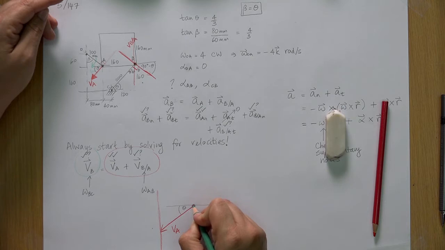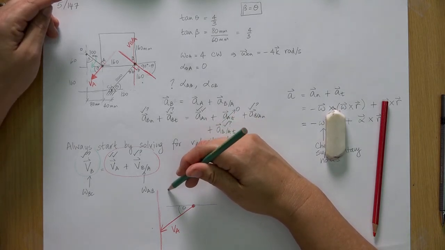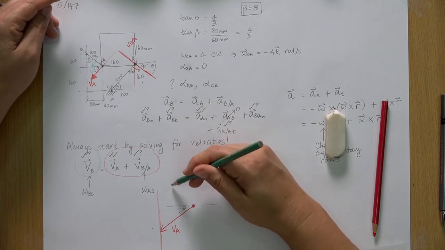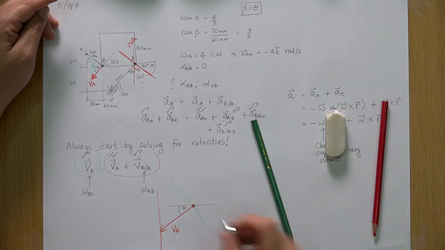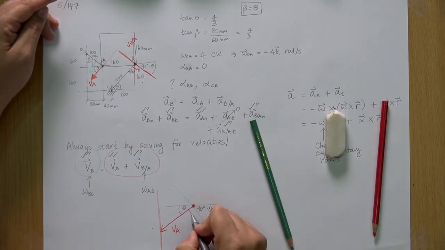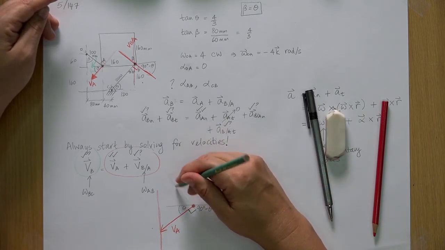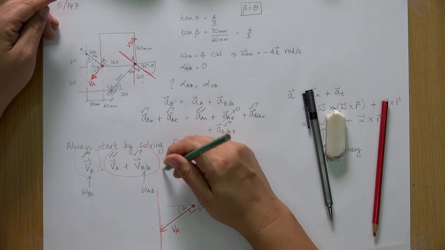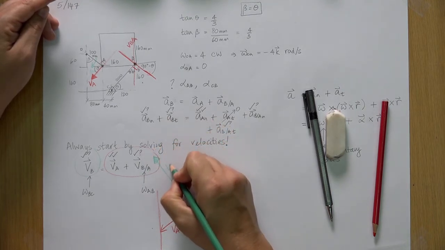I come back to this side. I know VB is moving at an angle of 90 degrees minus theta below the horizontal. If this angle is 90 degrees minus theta, then this angle must be a right angle. So VB is moving like this. The way to close the triangle is up here.